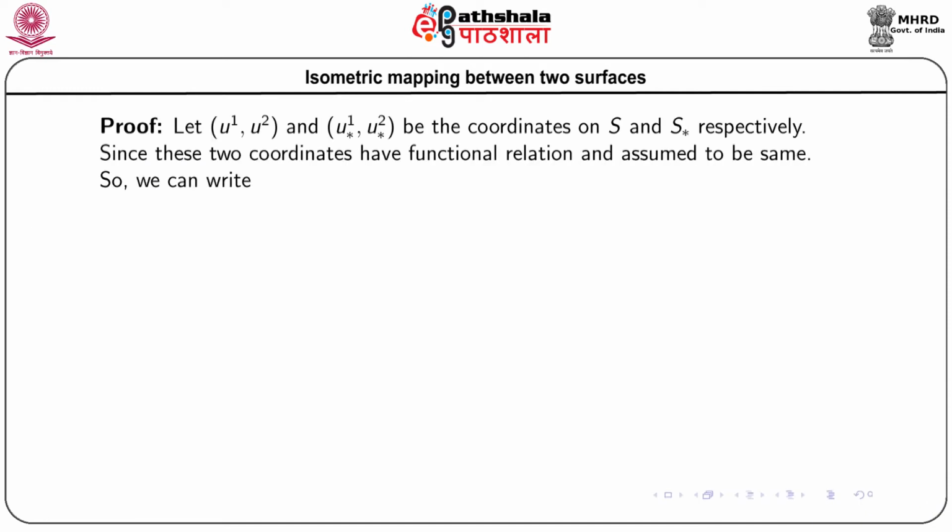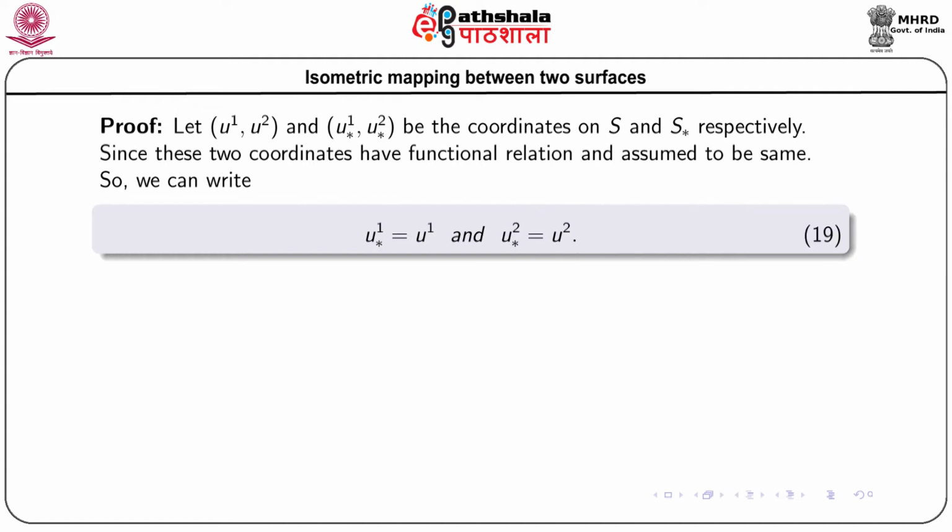Now, let us see the proof. Let u1, u2 and u1 star, u2 star be the coordinates of S and S star respectively. Since these two coordinates have a functional relation and are assumed to be the same, we can write u1 star equals u1 and u2 star equals u2.